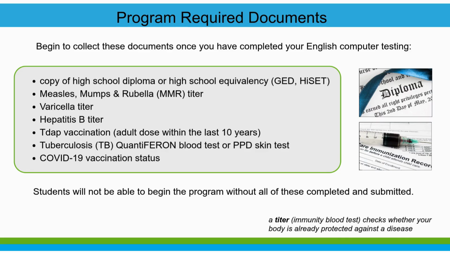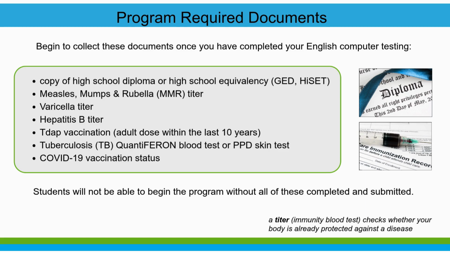Begin to collect the following required documents once you have completed your English computer test. Copy of your high school diploma or high school equivalency, GED or HiSET, measles, mumps, and rubella, MMR titer, varicella titer, hepatitis B titer, Tdap vaccination, an adult dose within the last 10 years, tuberculosis TB QuantiFERON blood test or PPD skin test, and your COVID-19 vaccination status.